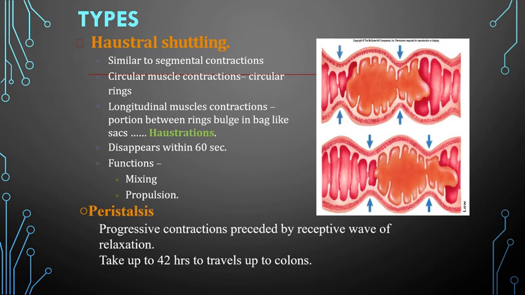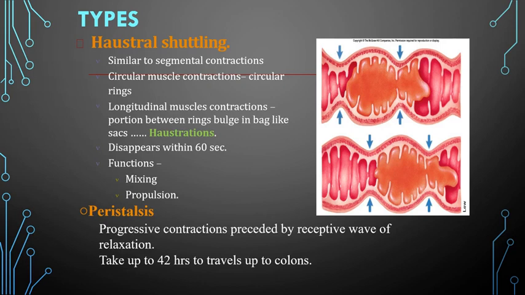So these haustra will become more prominent in this type of contraction. With the longitudinal muscle contractions, the portion between the rings bulges in a bag-like sac called haustrations, and these will disappear within 60 seconds.